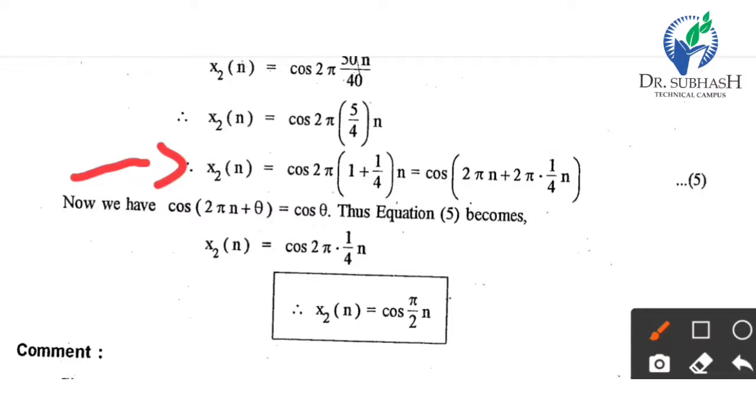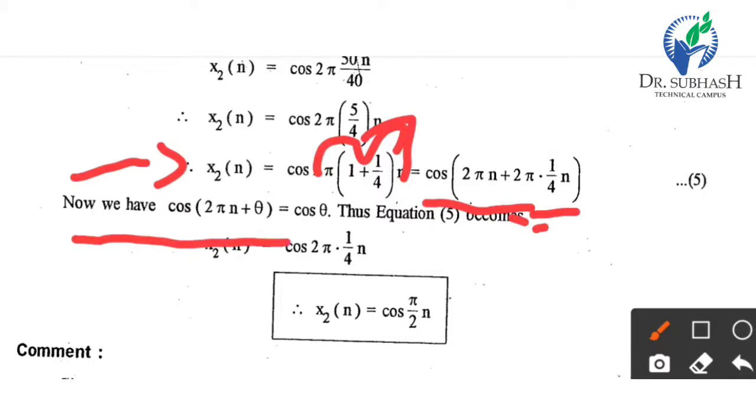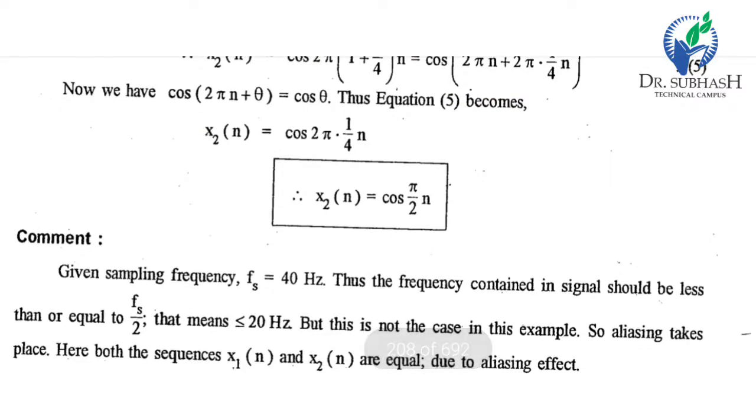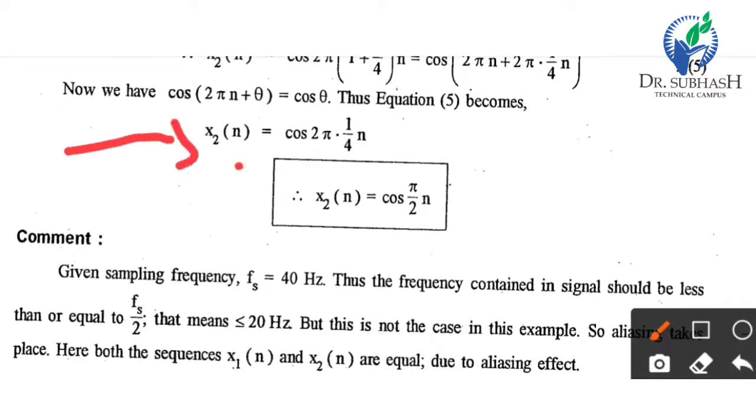Now 2 pi will be multiplied inside, and also the n will be multiplied. After opening the bracket, it is cos of 2 pi n plus 2 pi times 1 by 4 n. Now we have cos of 2 pi n plus theta, that is cos theta. So x2 of n equal to cos 2 pi 1 by 4 n.